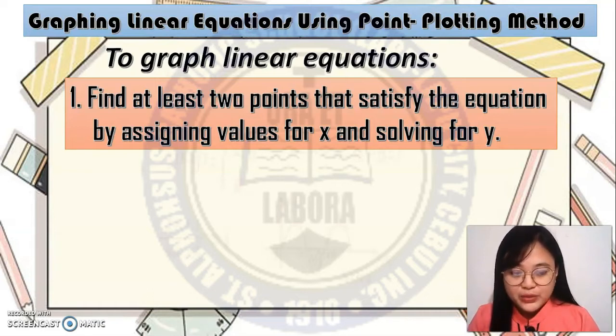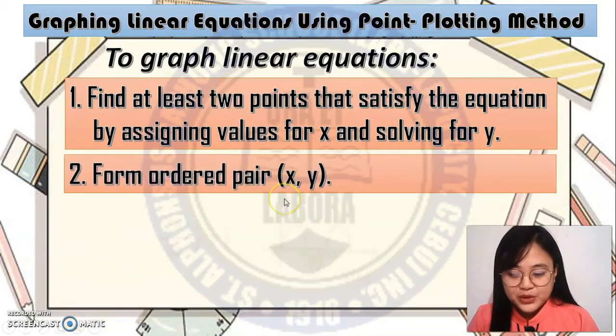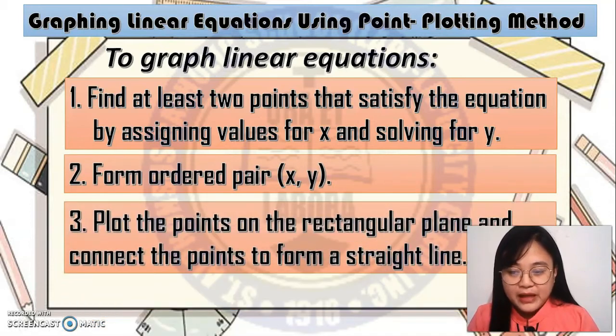But in our case, we're going to require you to have at least 3 points so that we could really check if we could create a line out of the given equation. Step 2: form ordered pairs x and y. And lastly, plot the points on the rectangular plane and connect the points to form a straight line.